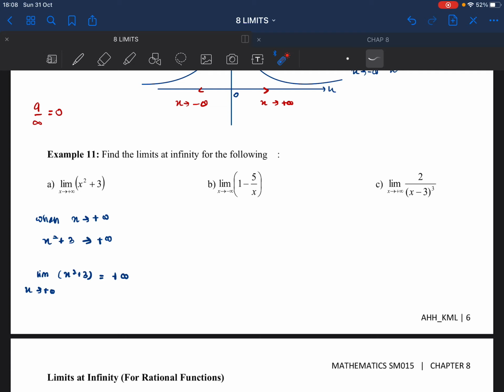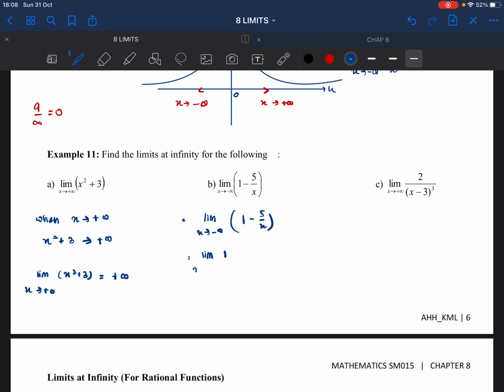Let's see example B here. We have limit 1 minus 5 over x as x approaches negative infinity. So what are we going to do here? Let's split it.